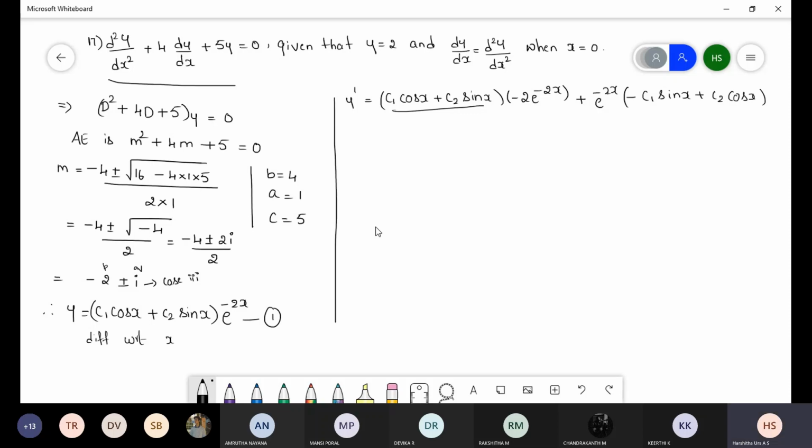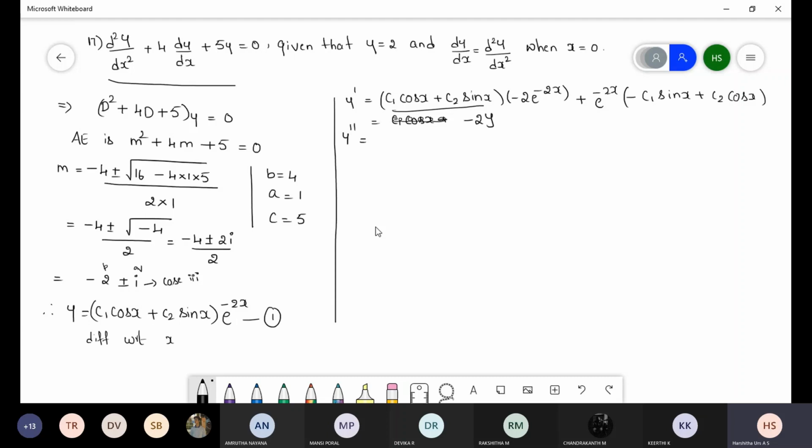Now same thing we have to do for the double dash. Before doing this we can also write one more step: (C1 cos x plus C2 sin x) into e power minus 2x, we can write it as y.